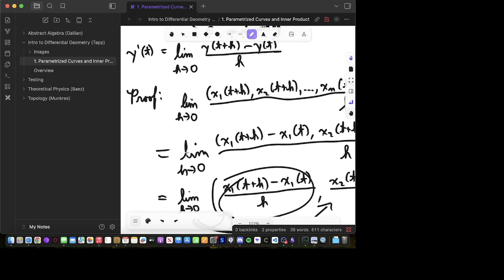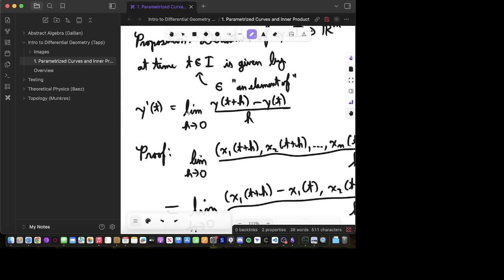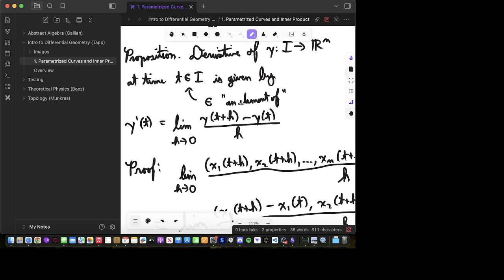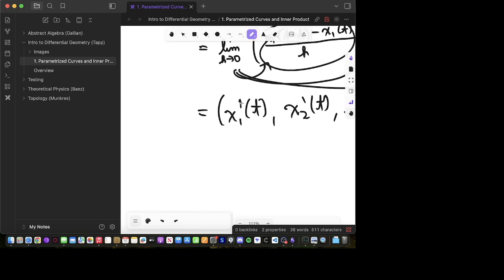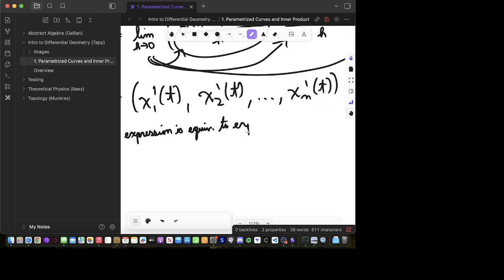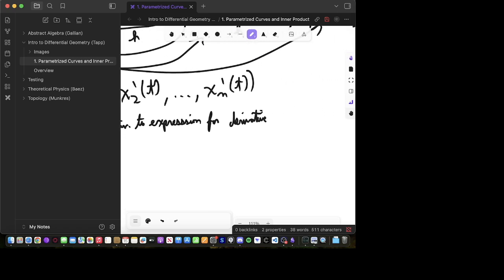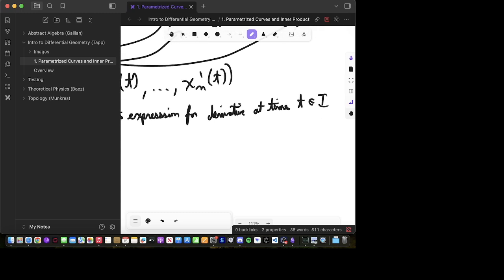So we've basically stated that this expression here is equal to this expression, which is the definition of the derivative. Therefore, our expression is equivalent to the expression for the derivative at time t in I.